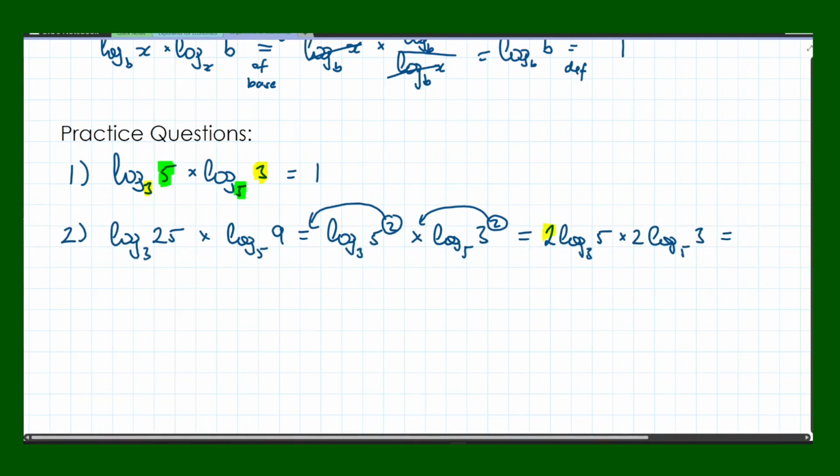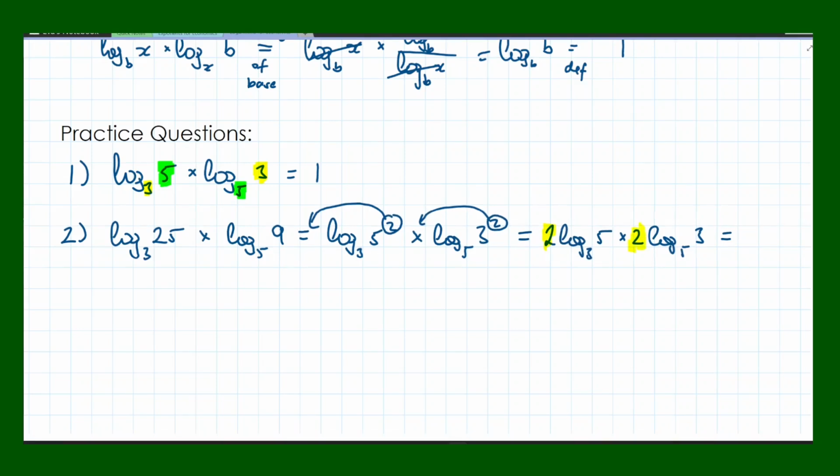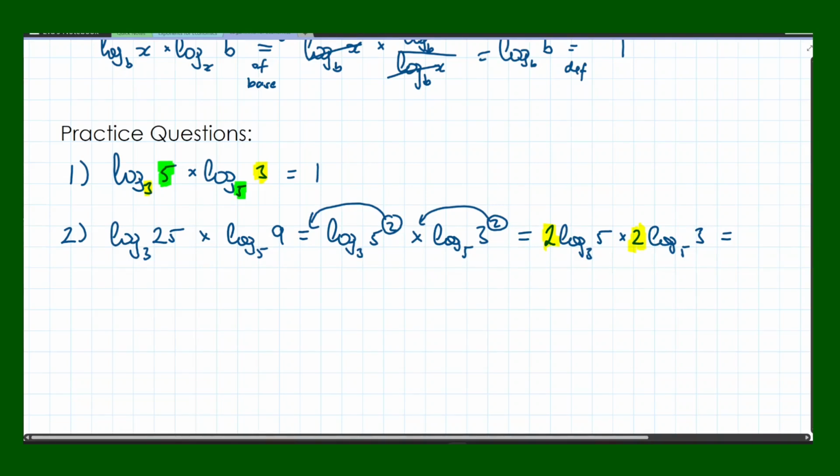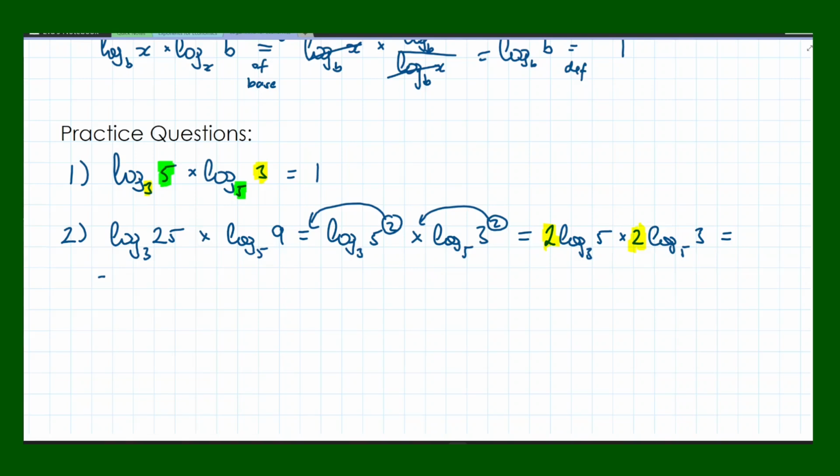And now, because these two numbers are multipliers, and remember, if there's nothing in between a number and an expression or a letter, that's always multiplication, and also because we can change the order of multiplication without changing the final result, I can rewrite this whole thing as 2 times 2 times log_3 5 times log_5 3.